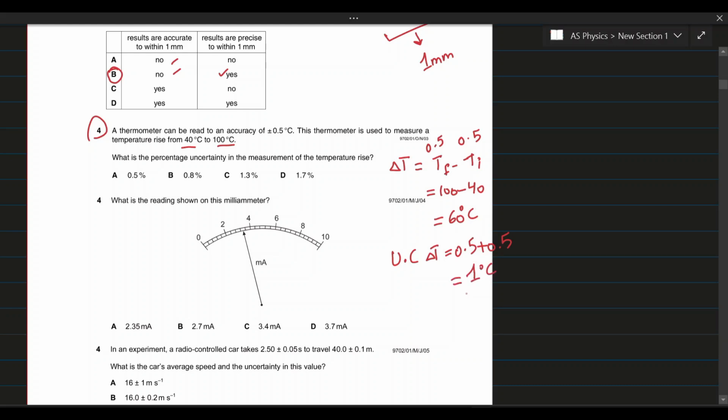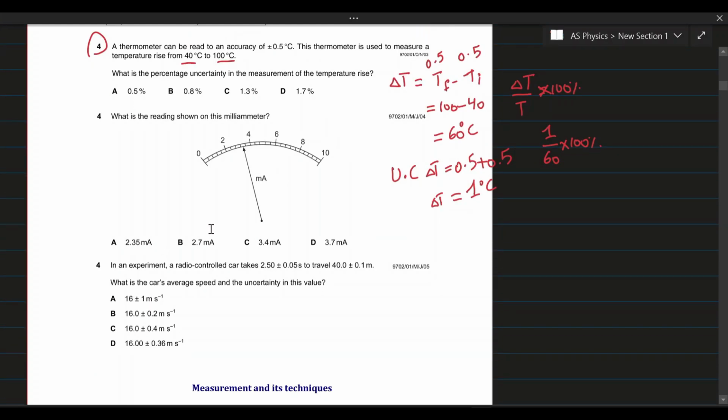This would be your uncertainty of temperature rise. Now you need to find the percentage uncertainty. We will use a formula that is delta T upon T multiply by 100%. So 1 upon 60 multiply by 100% and you would get your answer. So this is how you're gonna do the question.